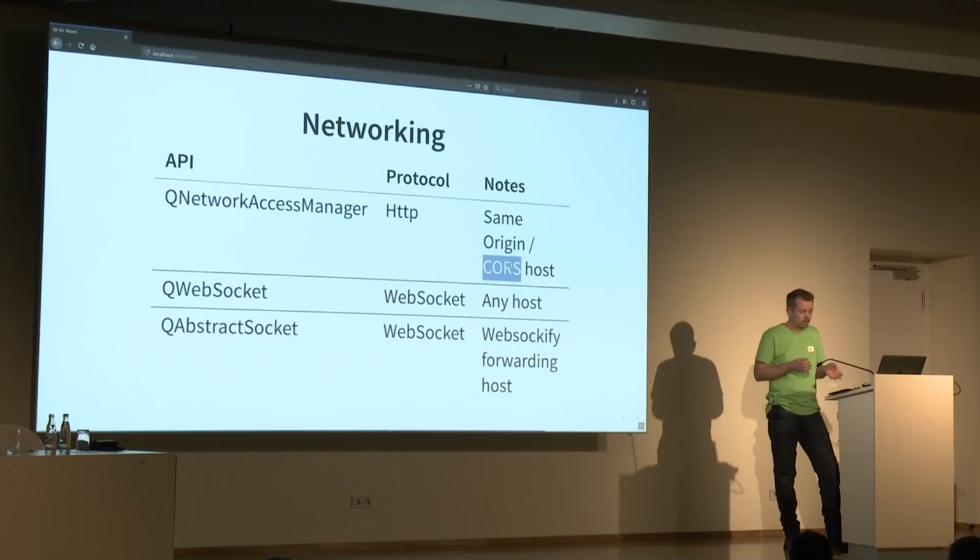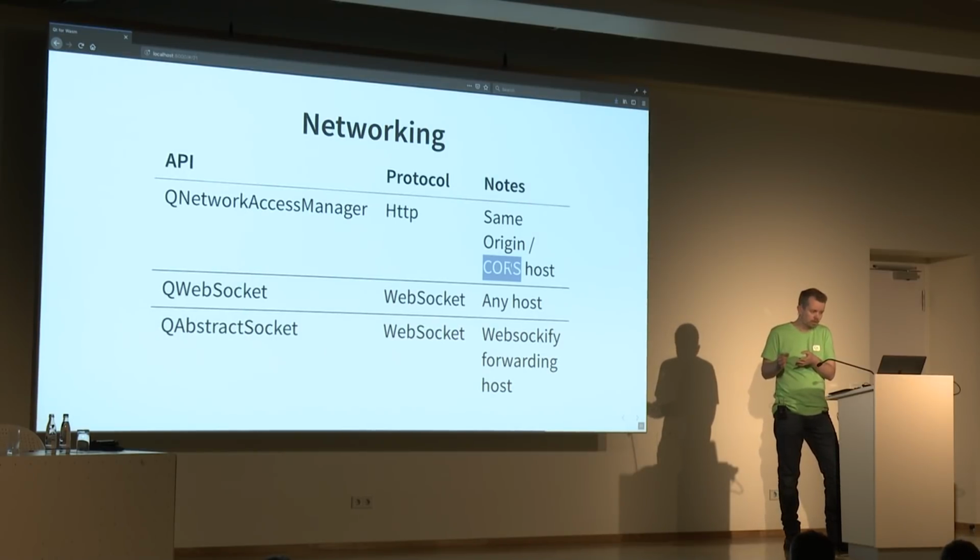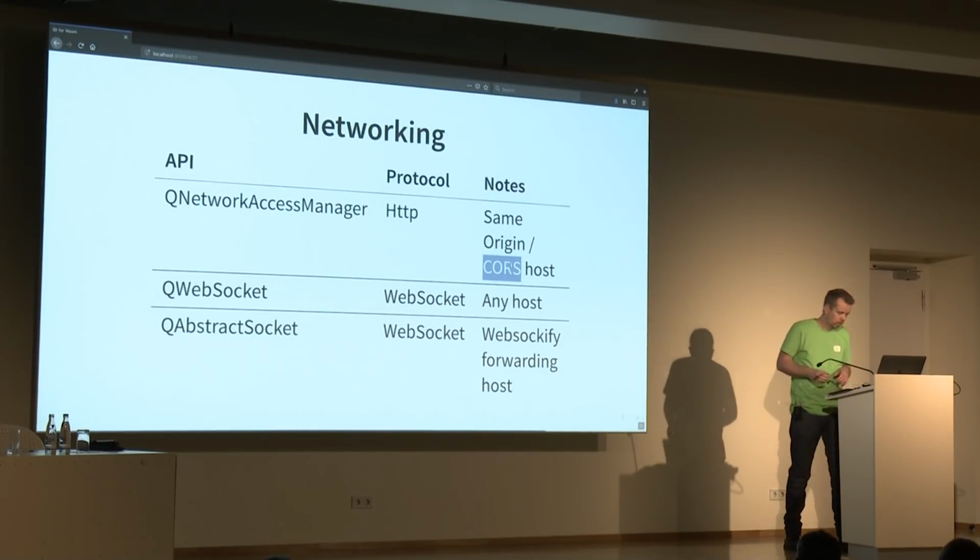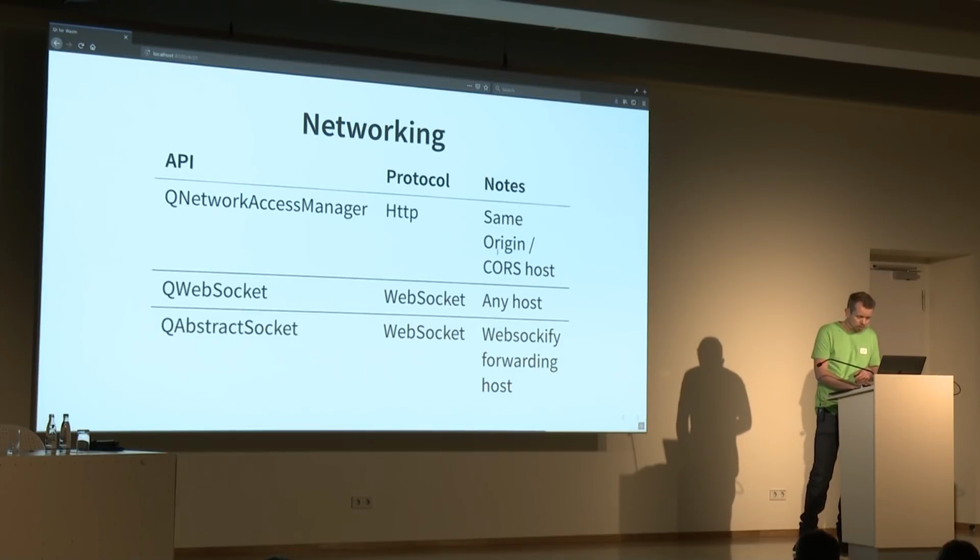That means web servers can set headers to indicate that it's OK to make requests for certain resources from a different origin. This is well documented in the web world, so you can look it up, but it's something to be aware of.